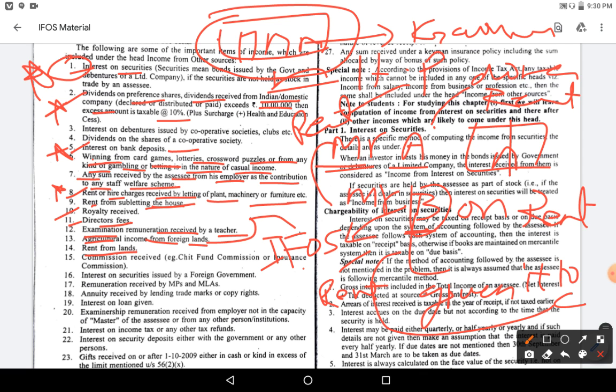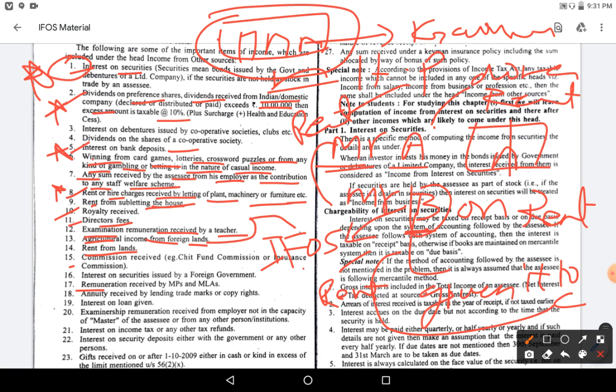It is not my business. हमारे पास इतना जगह है तो हम यूज़ कर रहे फॉर द पार्किंग. Then it is taxable. Whatever he has received from open land is taxable under the head income from other sources. ये उतना इम्पोर्टेंट नहीं है, छोड़ दो.